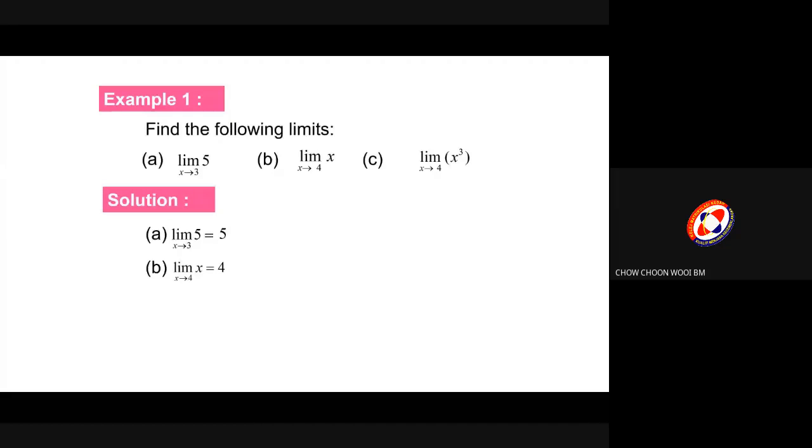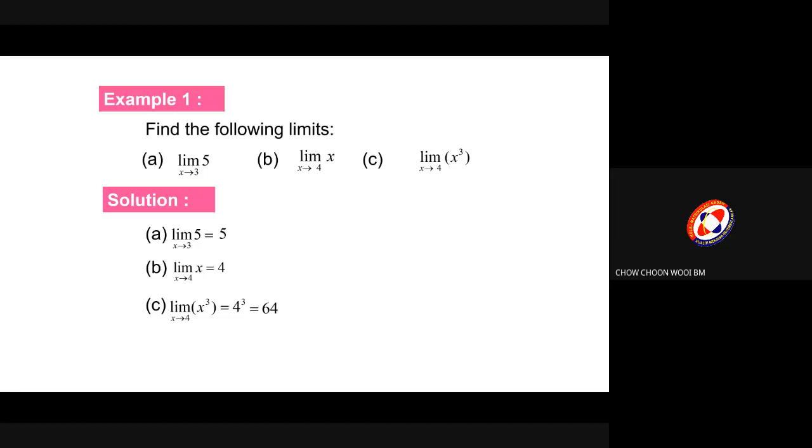Okay, C? 64. Okay, betul tak? Okay, kita tengok. Senang sangat kan? Memang dia senang saja chapter ni kalau you belajar betul-betul.